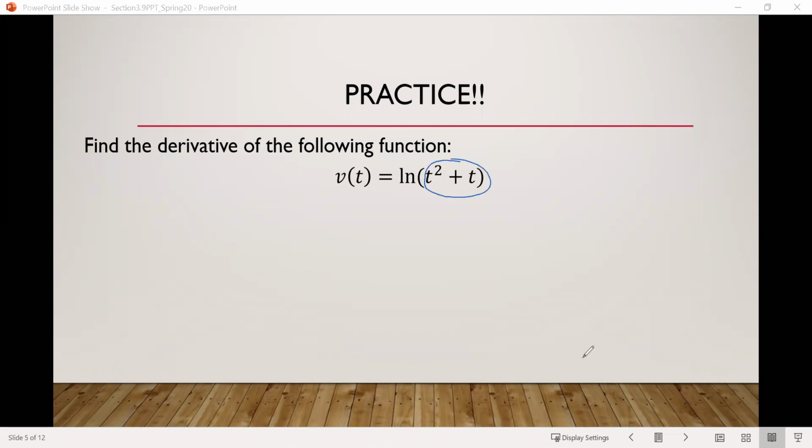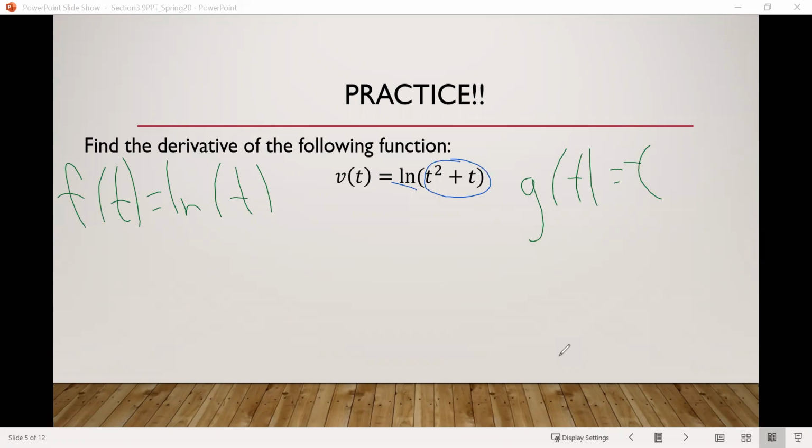So you see that there's this t squared plus t inside of the function ln. So first thing I'll do here is just identify my inside and outside functions. So my f of t, my outside function, looks like it would be ln of t. My g of t, my inside function, is t squared plus t.